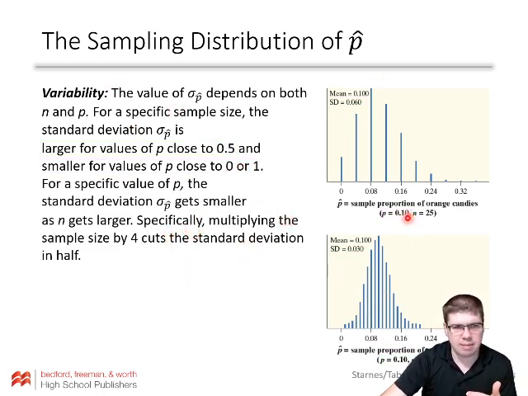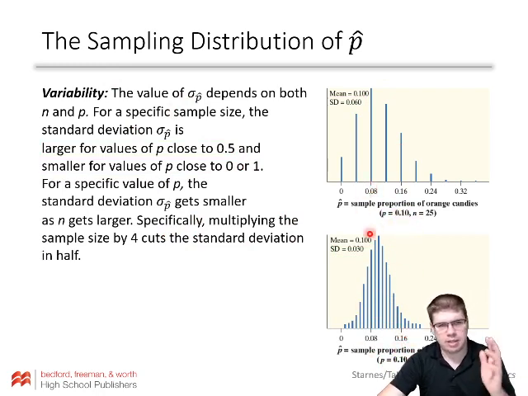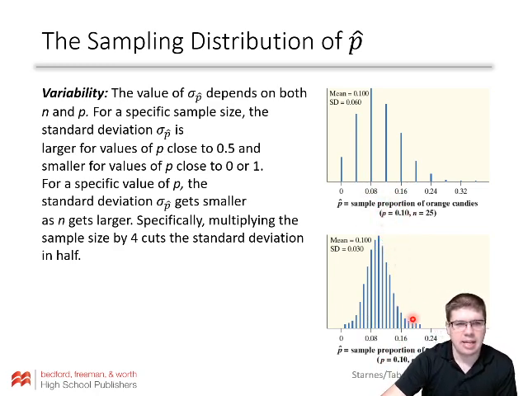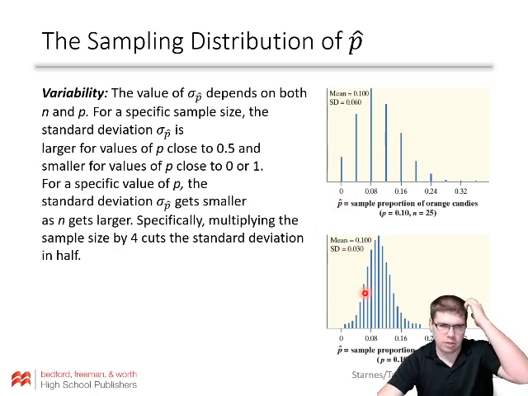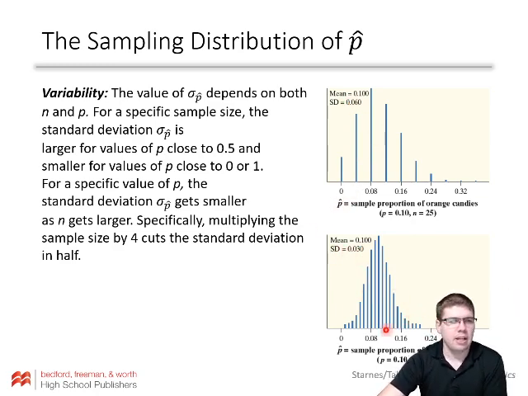Even for the same p, where the population parameter is 10%, if we go from sample size 25 to 100, we see that the standard deviation shrinks. The bigger the sample, the smaller the standard deviation, which you've probably known for a long time.